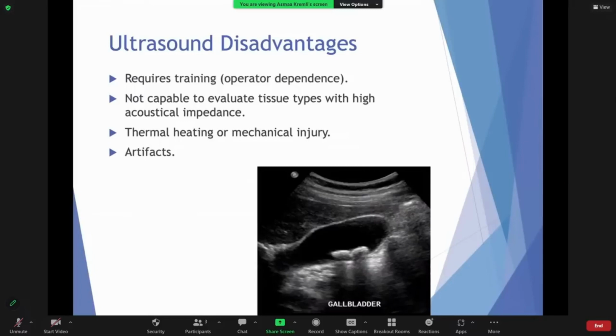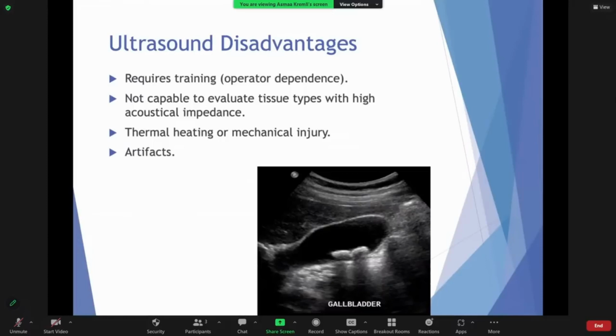And then the fourth disadvantage of ultrasound is the artifacts. Ultrasound has its own set of unique artifacts which can potentially degrade image quality or lead to misinterpretation. But there are some useful artifacts, like this one shown in the image. This is a gallbladder with gallstones.